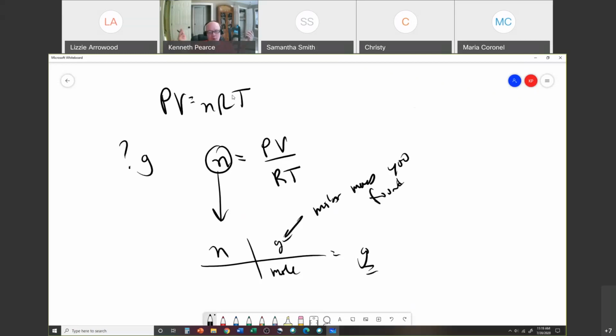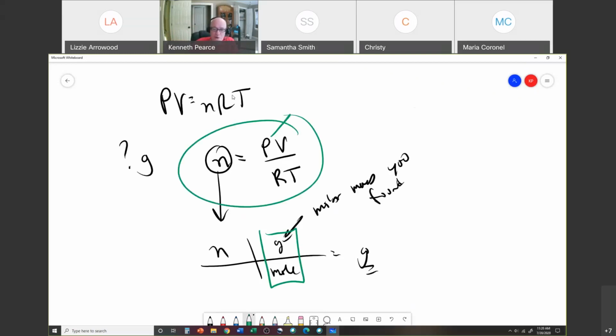Which was what, 43 or 53, something like that. Yeah, it was 43.9. You use that number. That's what you're going to plug into here. But you just rearrange this. So you got your pressure. I think it gives it to you in millimeters mercury. You convert it to atmospheres if you want to.